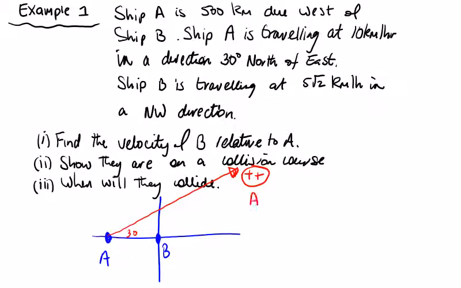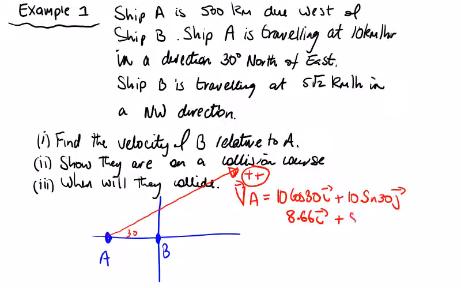So the velocity of A is going to be equal to the speed, which is 10, times the cos of the angle times I, and it's positive, positive, so it's 10 times the sine of the angle in the j direction. And 10 cos 30 is 10 by root 3 over 2, and we'll decimalize it here, 8.66 in the I direction, and sine of 30 is a half, so 5 in the j direction.